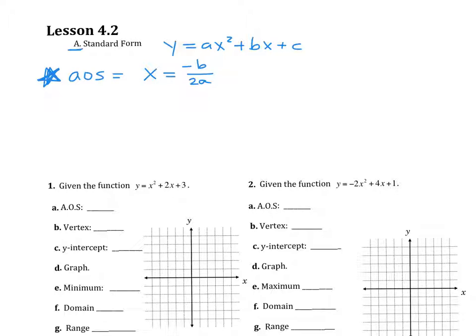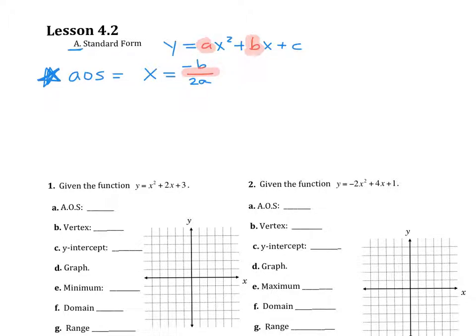Notice in our problem, you have an a and a b. So we're taking the opposite of b and dividing by 2 times a. You need to be careful with this one, because if you just plug it into your calculator, chances are your calculator does it wrong, because the division bar here acts like parentheses.